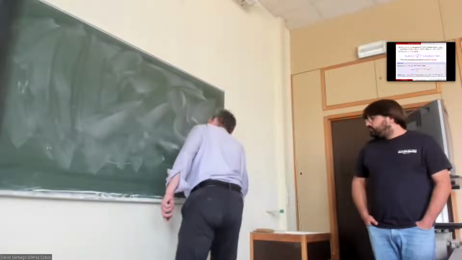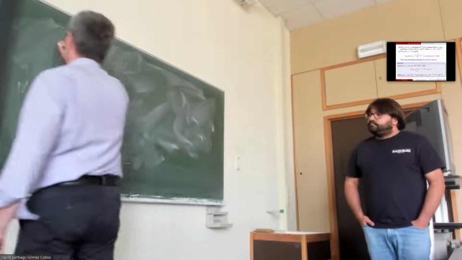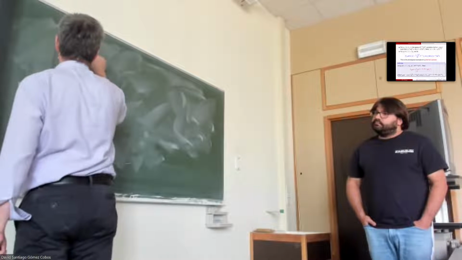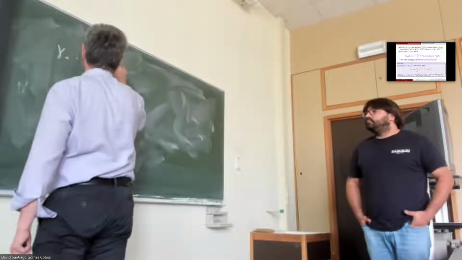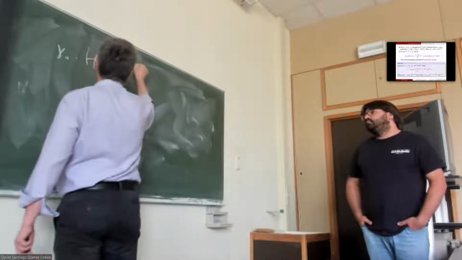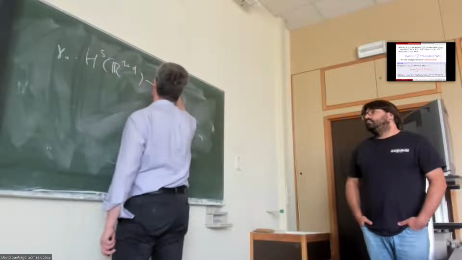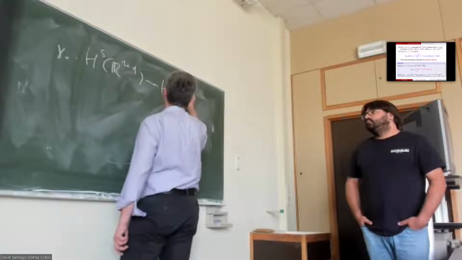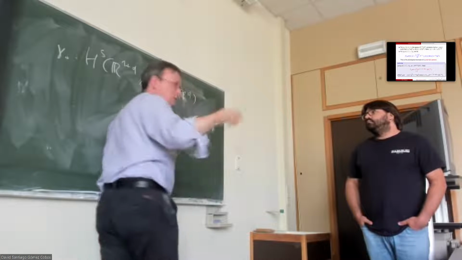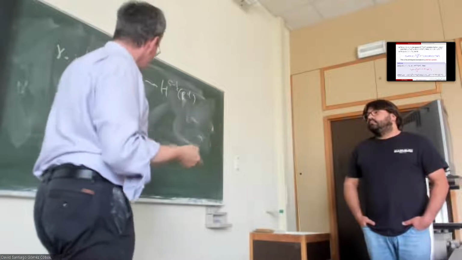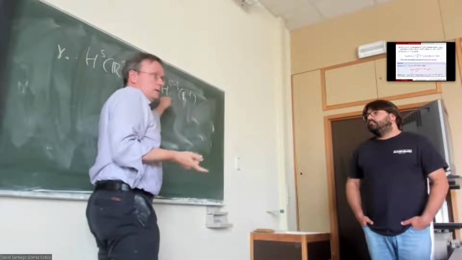So if you have gamma naught, the trace operator from H^s to H^(s minus 1/2), this is the restriction to x equals 0, and this is surjective. How to prove that?